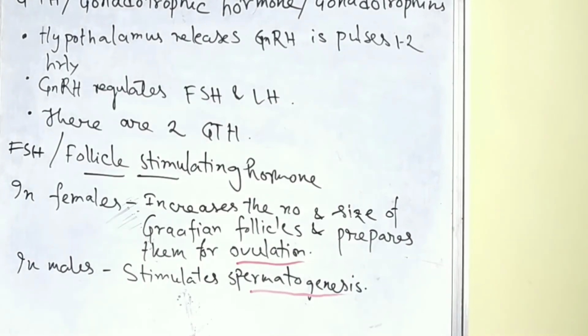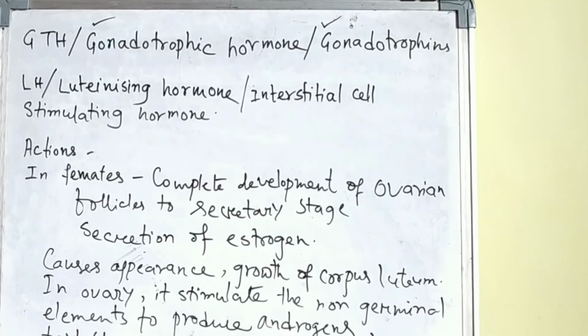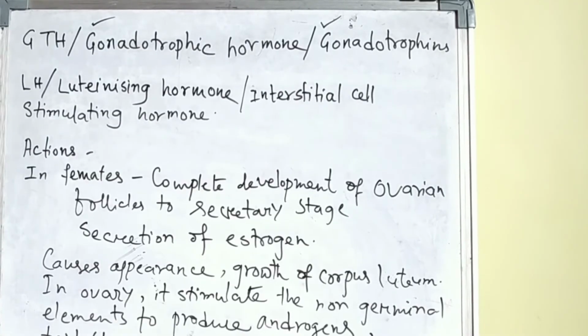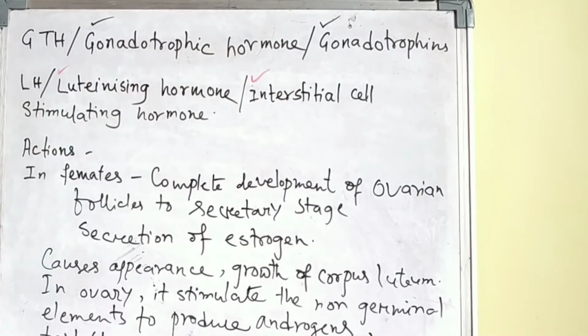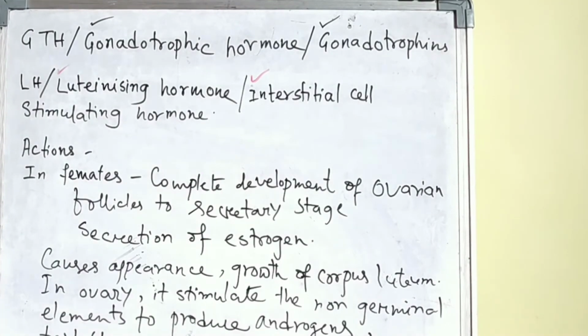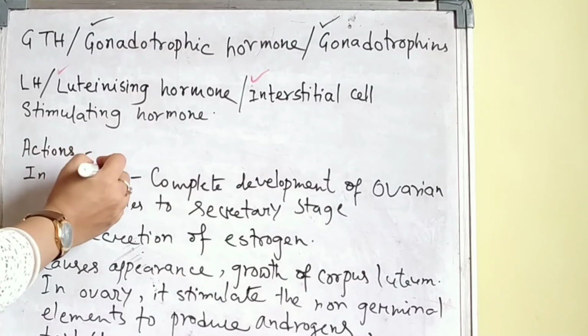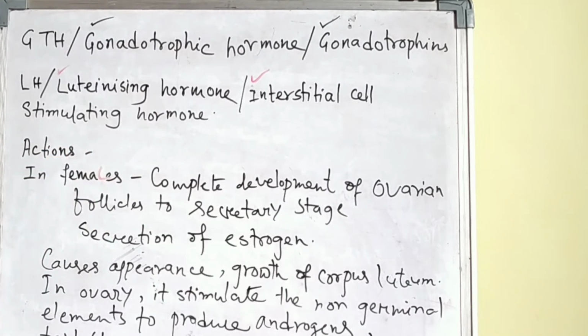Like this, the LH also has some functions. The next gonadotrophic hormone is LH, or luteinizing hormone, or interstitial cell stimulating hormone. So the synonyms are important. How does it work? It also acts on males as well as females. In females, it completes the development of ovarian follicles to the secretory stage.